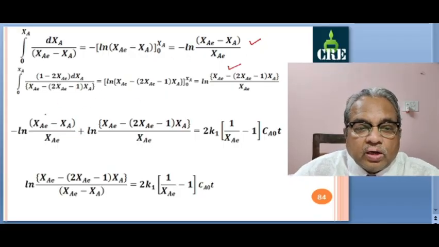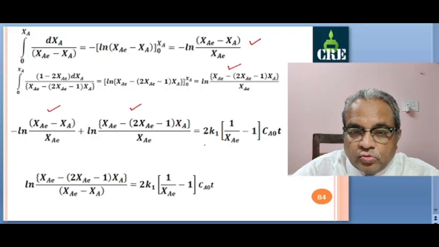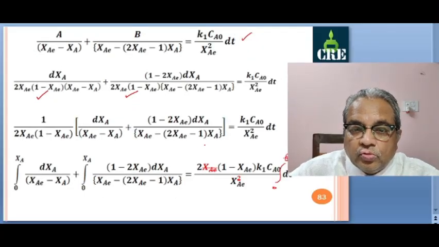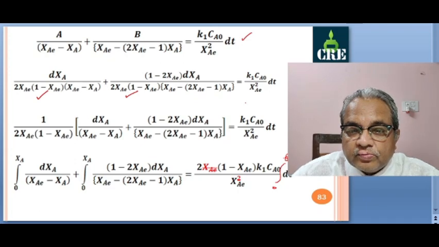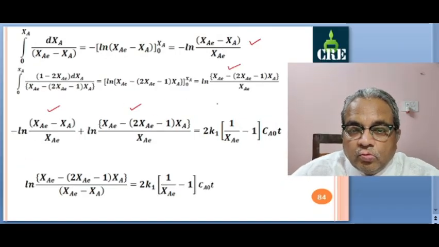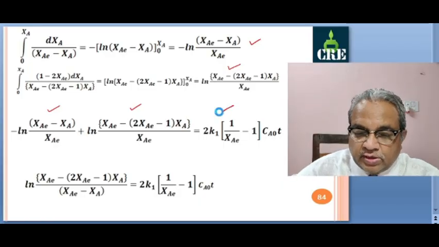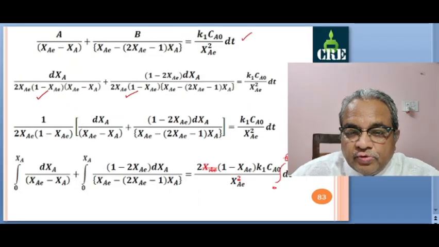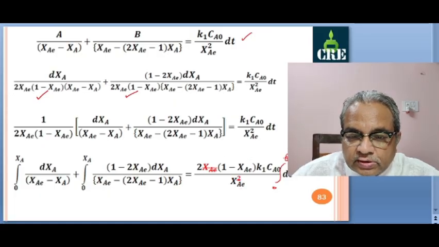Now this I have written here, the solution of this integral, and that is equal to 2 k1 CA0 and (1 minus XAe minus 1). So 1 minus 1 by XAe minus 1 from here. So you are left with XAe only in the denominator. So 1 by XAe minus XAe by XAe is 1.